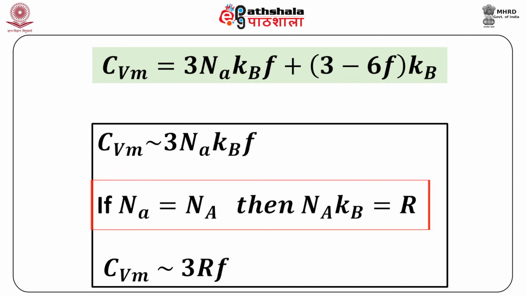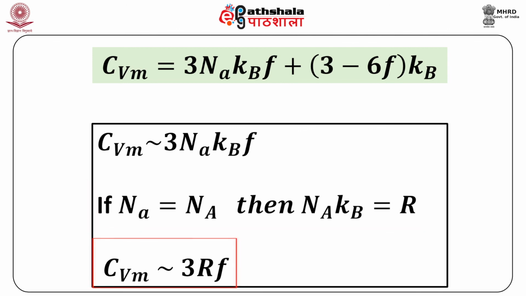And since for 1 mole Na is Avogadro's number, NaKb is equal to the universal gas constant, and therefore Cvm is approximately equal to 3Rf, where f is the Einstein function and R is the gas constant, as shown in equation 10.